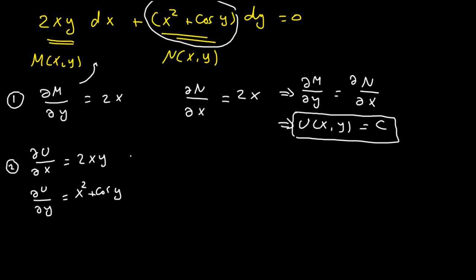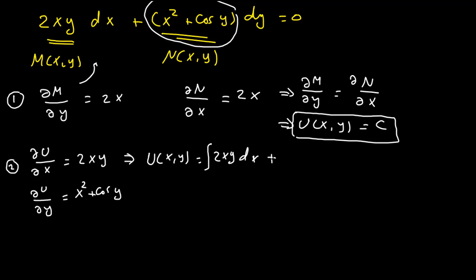Okay, so from this one we can find the function u of x and y by integration with respect to x. So we will deal with y as a constant, and in this case we will get u of x and y equal to the integration of 2xy dx plus the constant of integration.